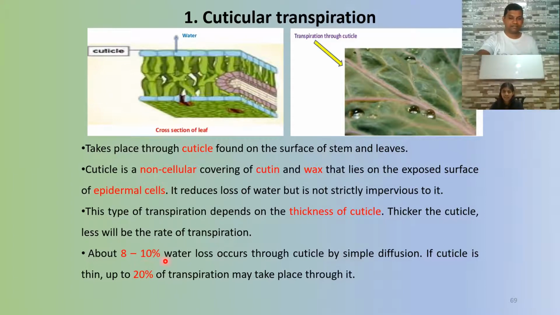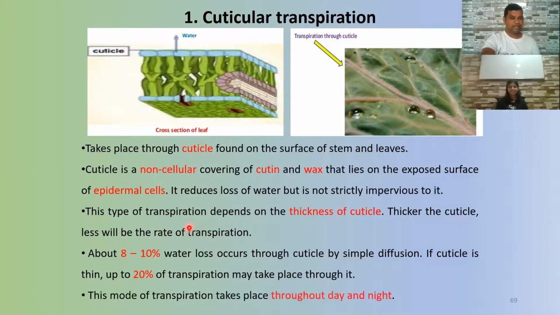Sometimes if the cuticle is very thin or absent, up to 20% transpiration can take place. And because it's a cuticle, there is no opening or closing, it is always there, both the times.